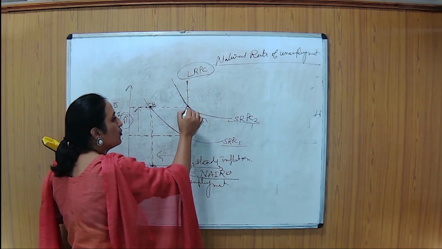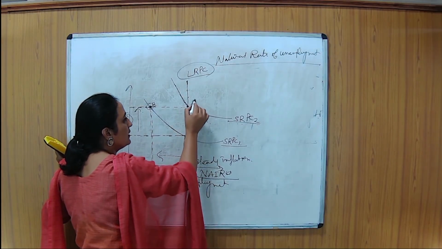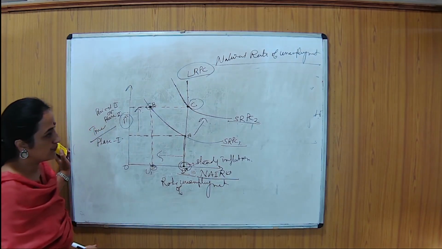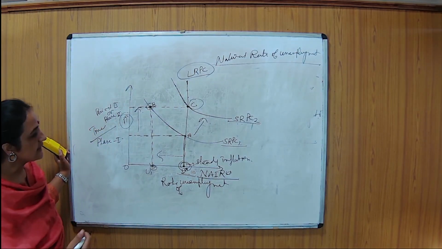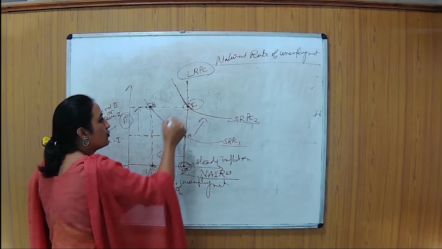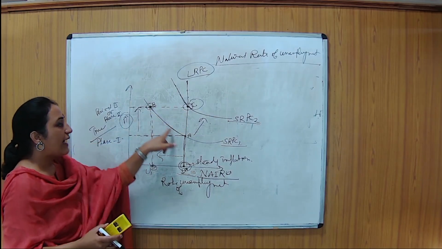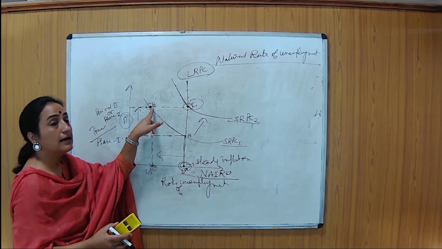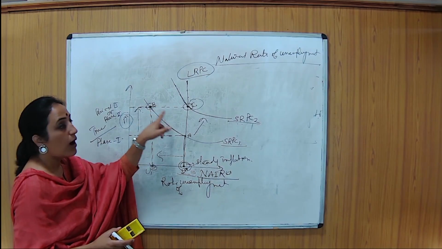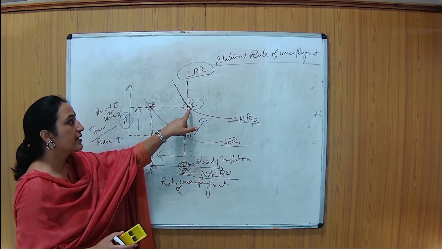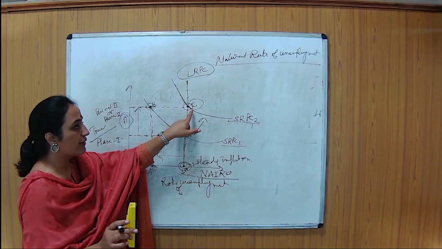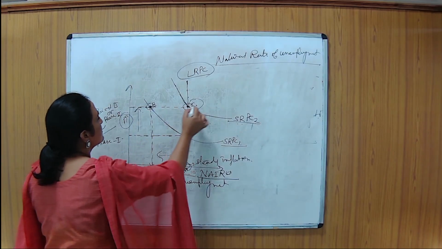At this point we will take C. Now what will we find at point C? Here, this is the highest inflation rate for period 2. But this is the normal inflation rate for phase 3.